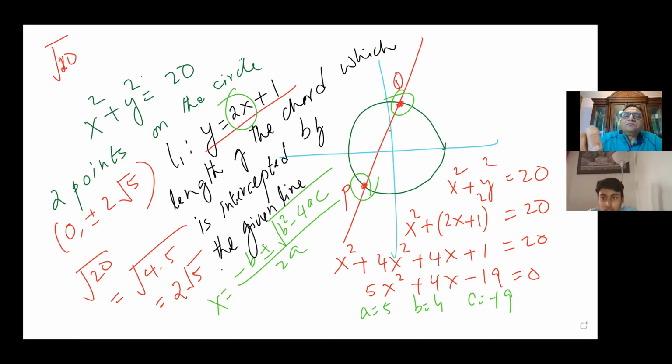Okay then. So that was a good question. Now, we could have a question from your book also. Would you like to share, or one more we'll take up? Let us say we have a circle with center whose equation is x squared plus y squared equals 25, right?